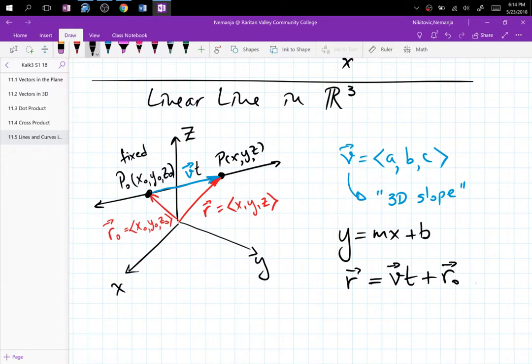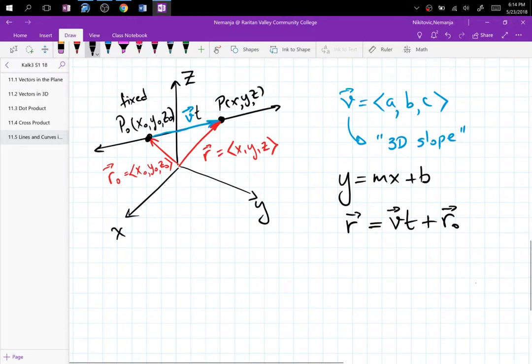It has to be the same thing. It's a line. This works for 4D and 5D. If you want a straight line in 17-dimensional space, this is the equation for it. This equation doesn't depend on the dimension, because the number of variables within r, v and r0 will determine the dimensionality of your problem.